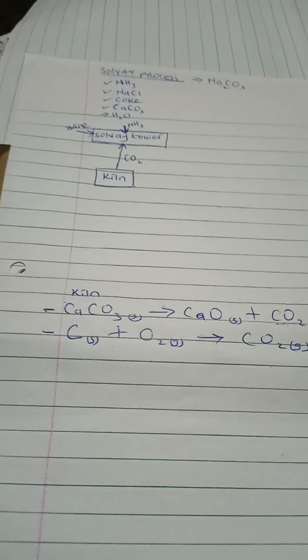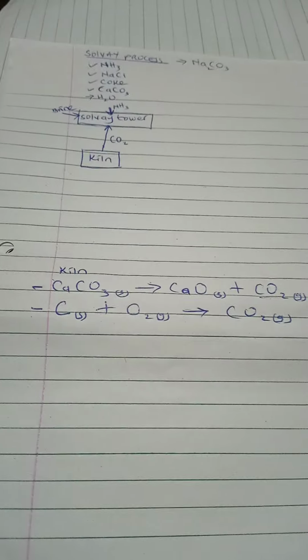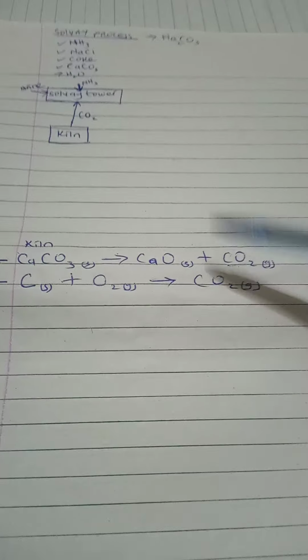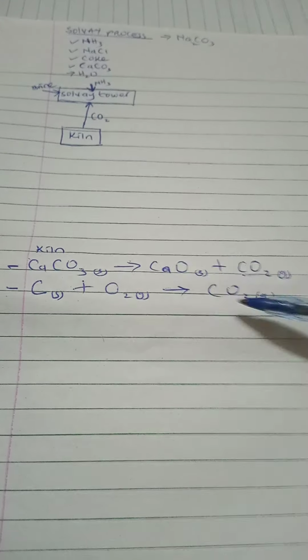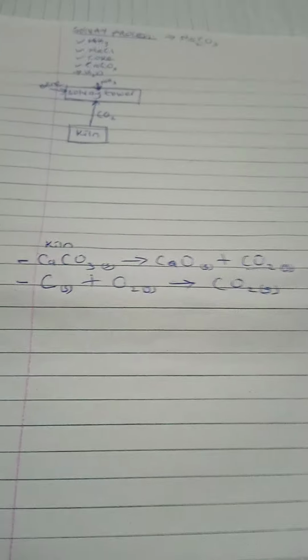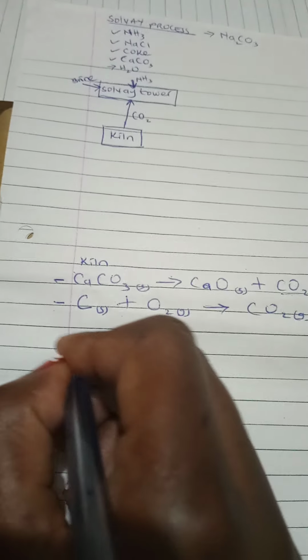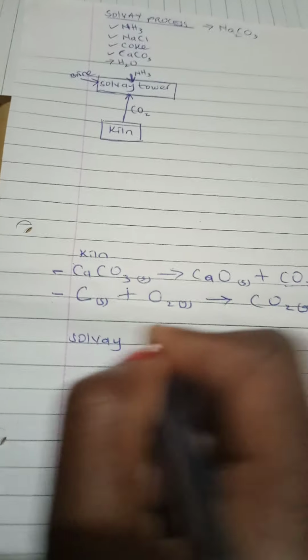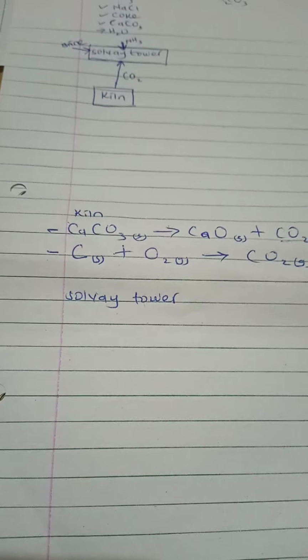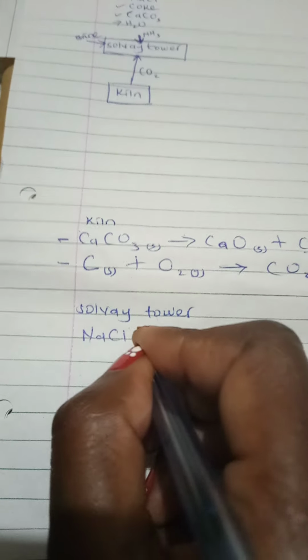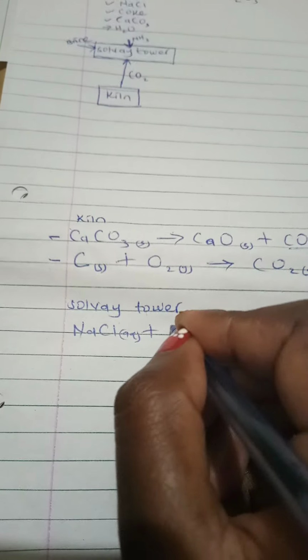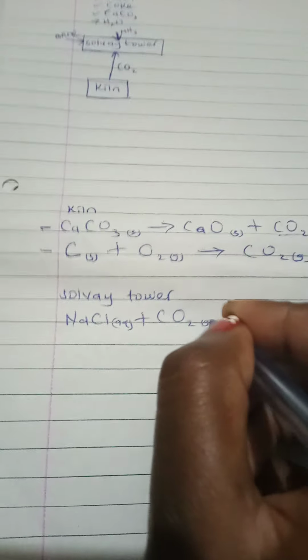Now there at the Solvay tower, let me write the equation which will take place, and as we write the equation we make sure the equation is balanced. So at the Solvay tower, we have the reaction taking place. We have the sodium chloride, we have the carbon dioxide which is coming from the kiln.